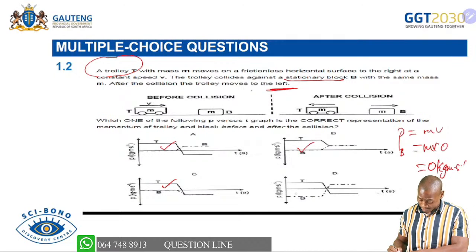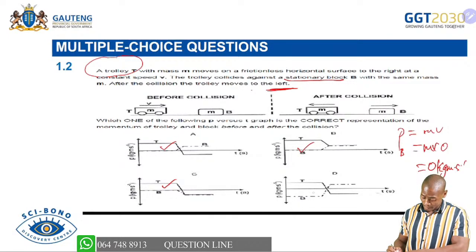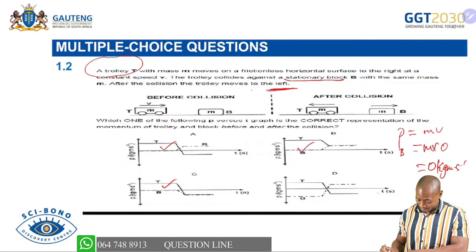Because if it's 0, we are expecting the graph to be on the horizontal axis. So, look at option D. For option D, B has momentum, and we are not expecting B to have momentum. So already D is out because of that.